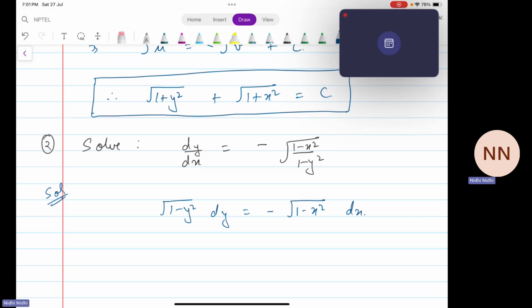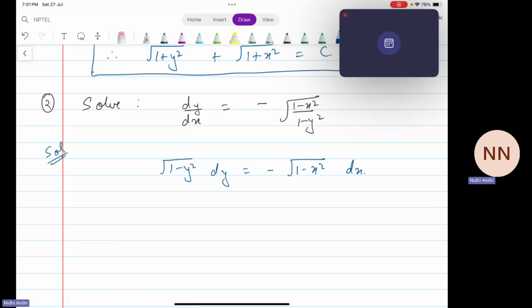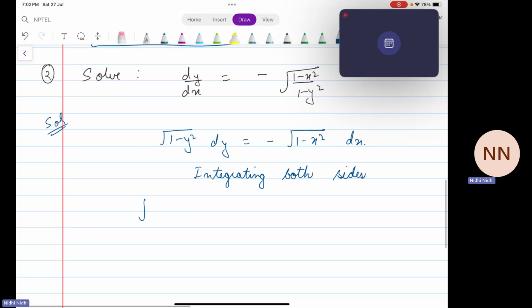Now we can easily integrate it. Integrating both sides, we get integral under root 1 minus y square dy is equal to minus integral under root 1 minus x square dx.